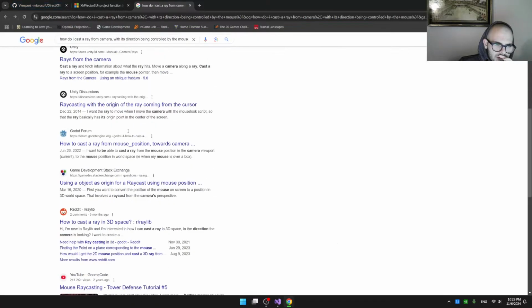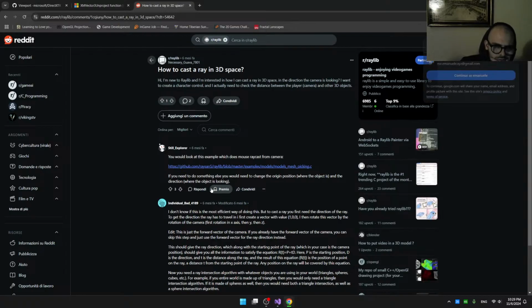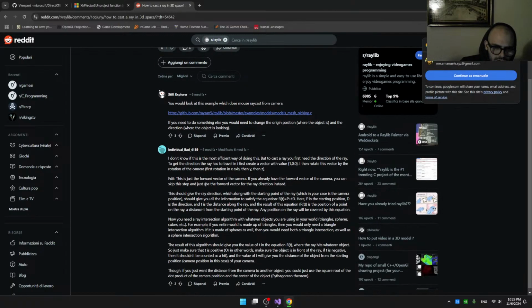It is very specific. I don't know if this is to get the direction the ray has to travel in. I first create a vector. I then rotate this vector by the rotation of the camera.